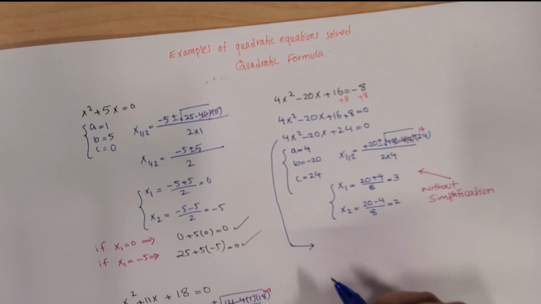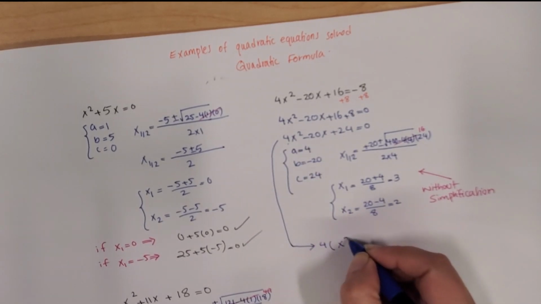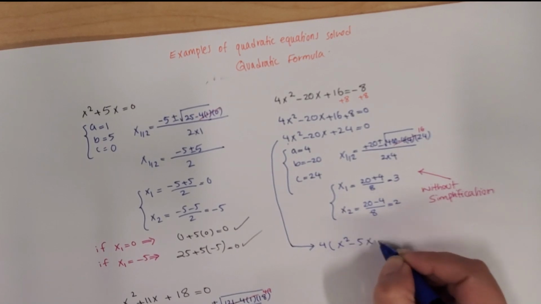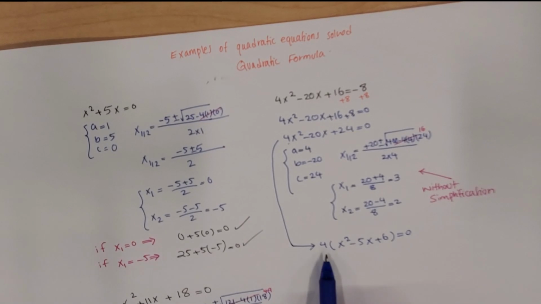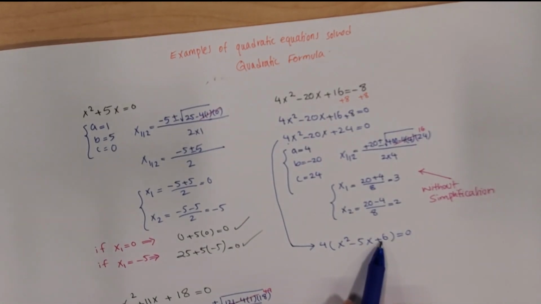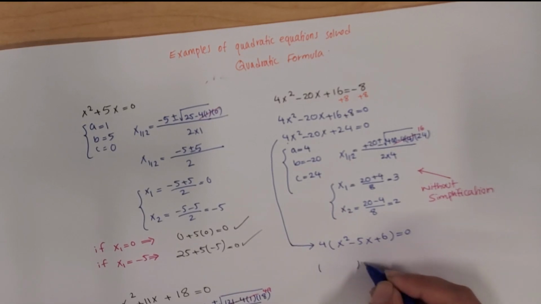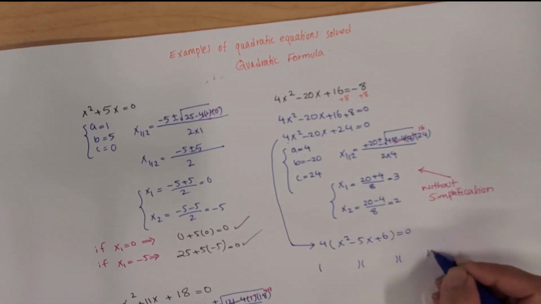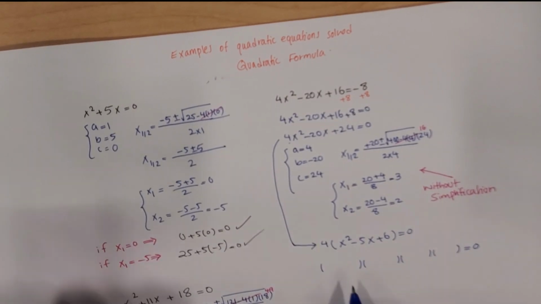If you look closely, I can factorize a 4. And then x to the power 2 minus 5x plus 6 is equal to 0. Now I have two parentheses multiplied to one another equal to 0. When we have two different parentheses, and they are equal to 0, each of these parentheses could be a potential 0.